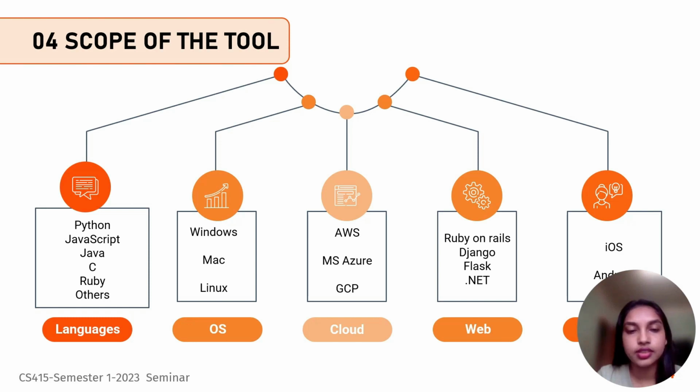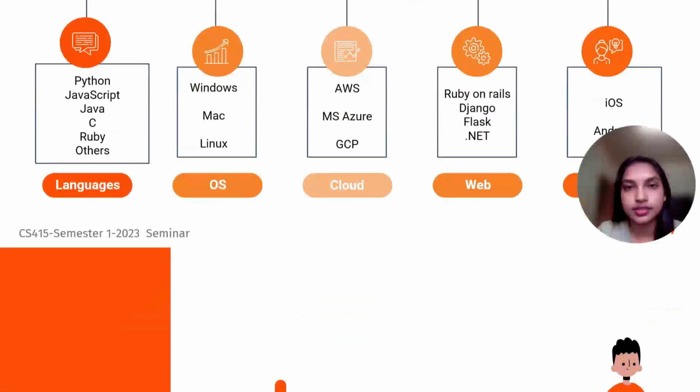The cloud services supported are AWS, that is Amazon Web Services, Microsoft Azure, and Google Cloud Platform, that is GCP. Web frameworks that are supported are Ruby on Rails, Django, Flask, and .NET. The mobile platforms supported are iOS and Android.